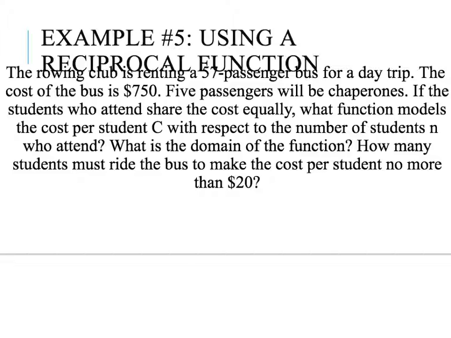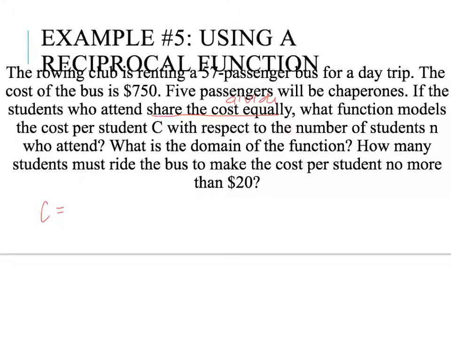Okay, so we're going to be doing quite a bit here. The first question asks us if the students who attend share the cost equally. Now, in order to share something equally, that should give you an idea that you're going to divide. So it says what function models the cost per student C. So our function is going to be C with respect to the number of students N who attend.